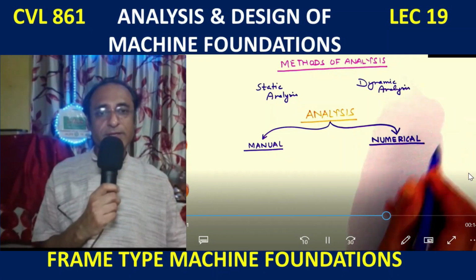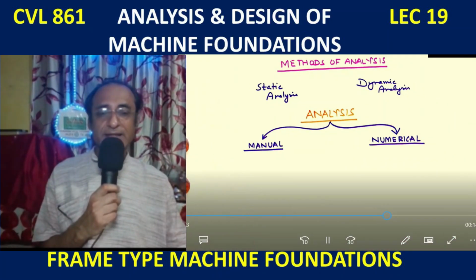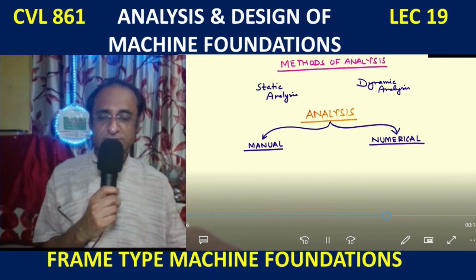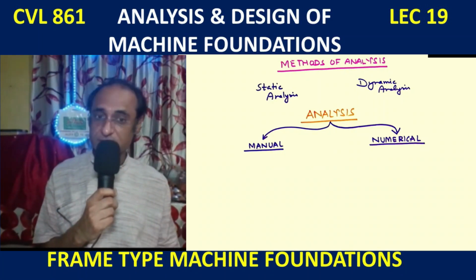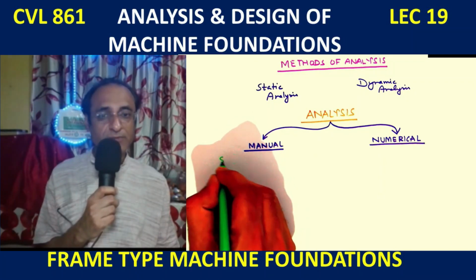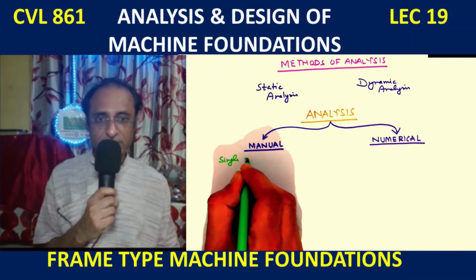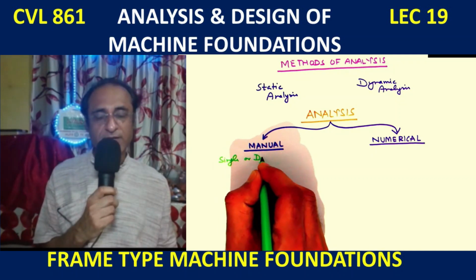So basically, whether we are talking about static analysis or dynamic analysis, there are two ways. Either we can do it manually. For example, regular building frames we can analyze manually, which is a bit tedious process, say using moment distribution or an approximate method.